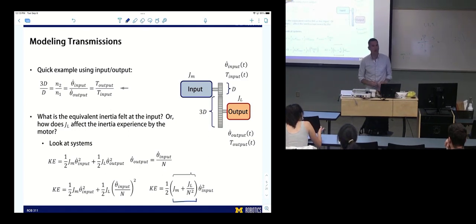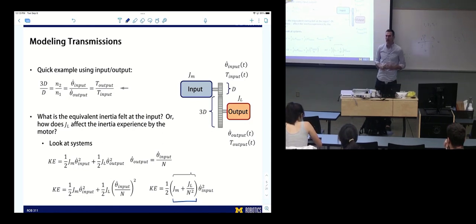Now I have 1/2 times some inertia value times theta dot input squared. So now we have just straight up kinetic energy, but we factored everything to be only about the motion of the input. What happened to the inertia of the load? Gets divided by n squared.